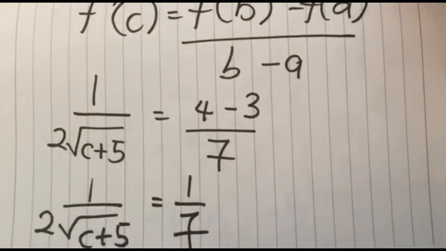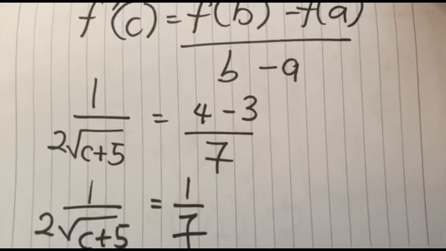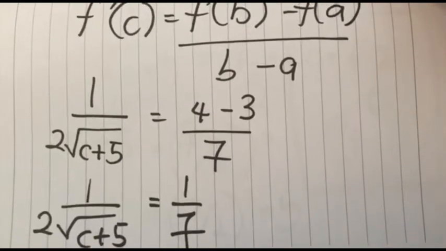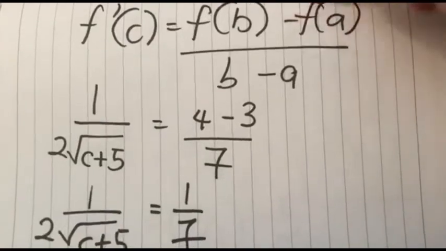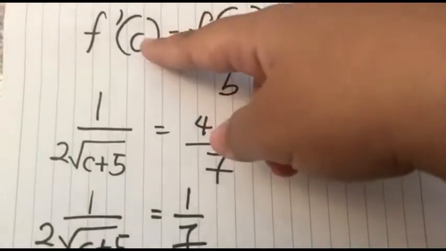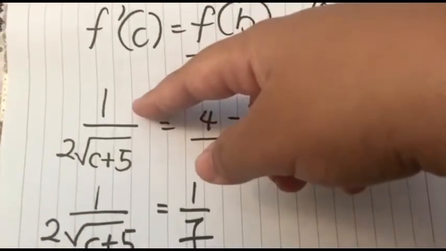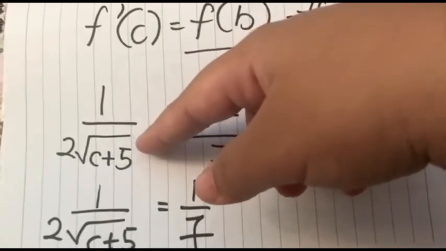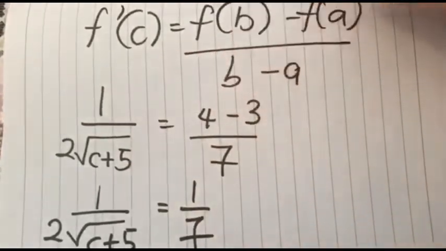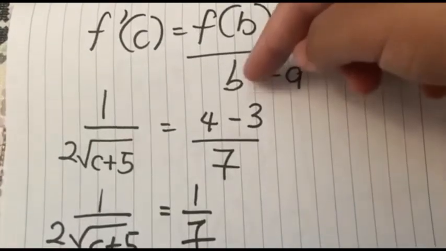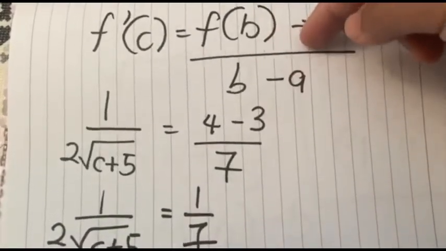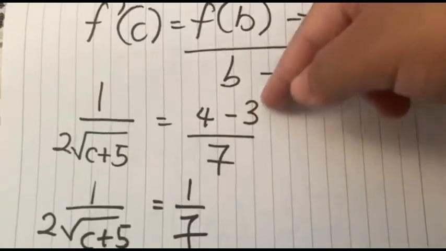So how to use the formula? It's actually easy because we have already found each of the values that we need to insert in the formula. For f'(c), it is 1 / (2√(c + 5)), and for f(b) and f(a), we already got the values, so we only insert them in the formula.